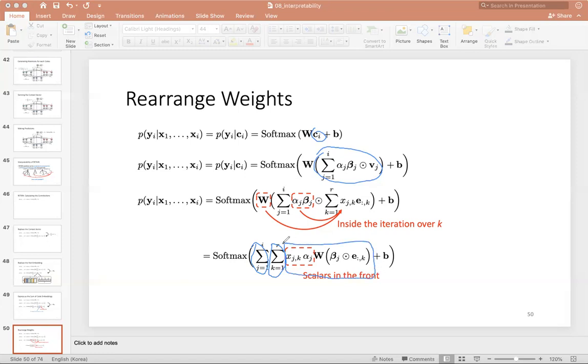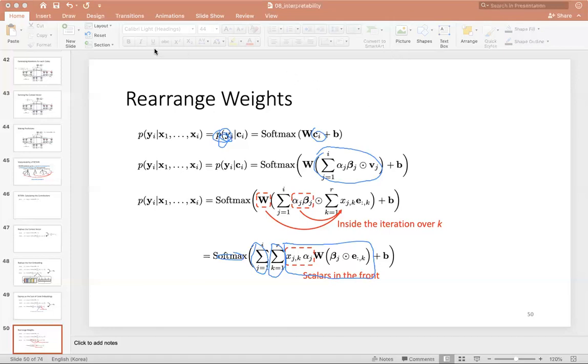Then after you've done that, you put it through a softmax to get the final prediction Y. The reason we kept everything linear is because we can do this kind of operation: we just rewrite it as nested for loops.